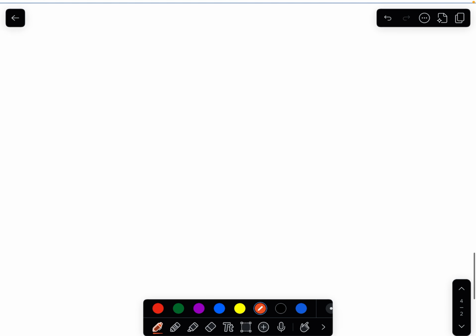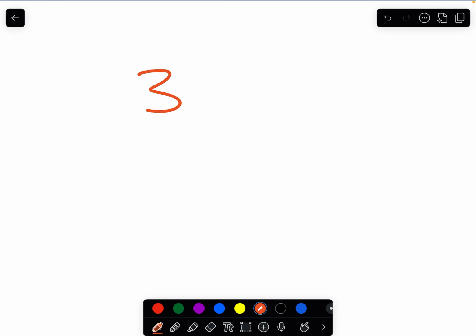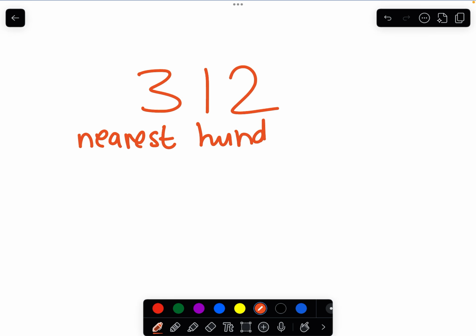Now let's do one more example. What if we had the number 312 and we want to round it to the nearest 100? Well, the first thing we have to do is find the 100 place value. Well, there it is, the 100 place value. If you need to underline it, that might help. And then we're going to look at the place value immediately to the right, the next place value down, and it's a 1.